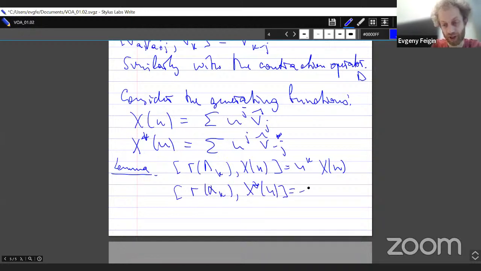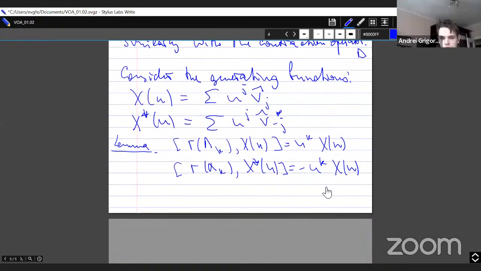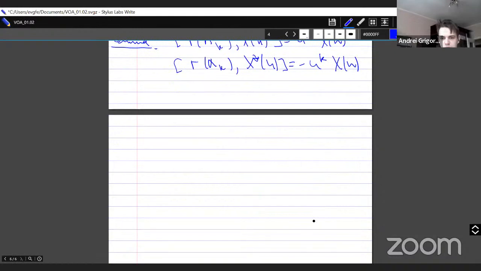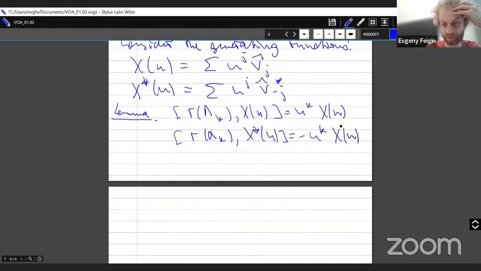And this should be minus u to the minus k x star of u. So let me see if I wrote it in the correct way. Yes, but this should be plus here. So the only difference is that we have minus in one case and we don't have it in the second case. I think we should have star in the second row. Absolutely, thank you.